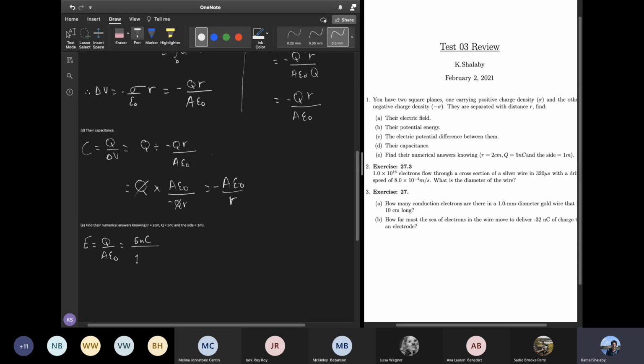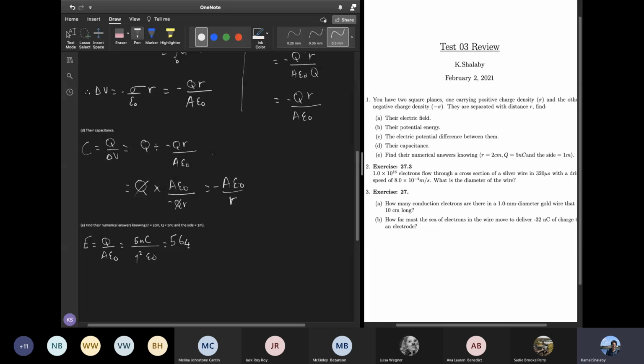So the area will be 1 meter squared, times epsilon naught. And that will equal 564.7.